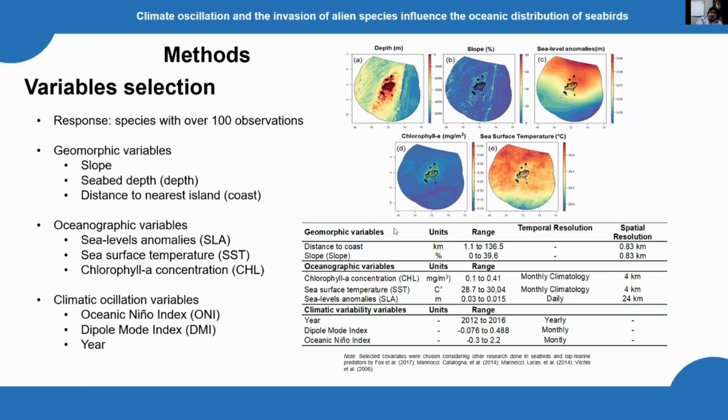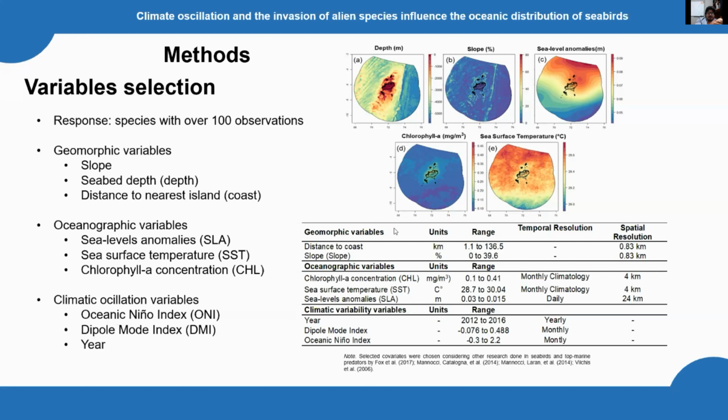On the other hand, it is well known that at least sea level anomalies and chlorophyll A concentration are really important to explain distribution, because they can be used as a secondary result of how seabird prey is located around the sea. And as you know, seabirds are located where their prey is.